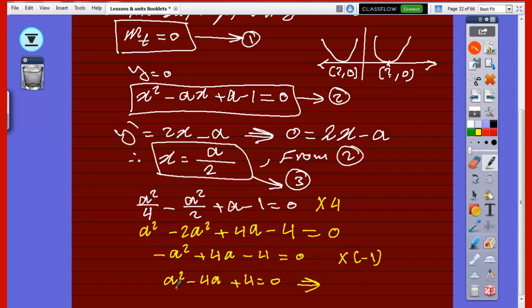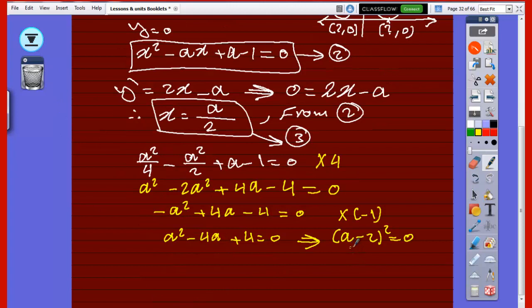This is a perfect square, a minus 2 all squared equals 0, so a equals 2.